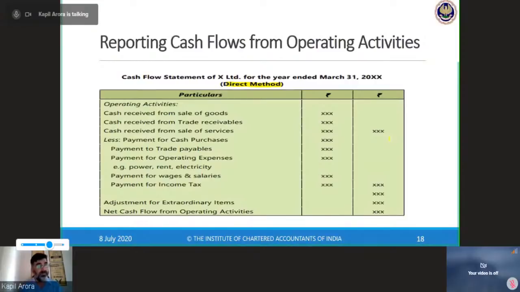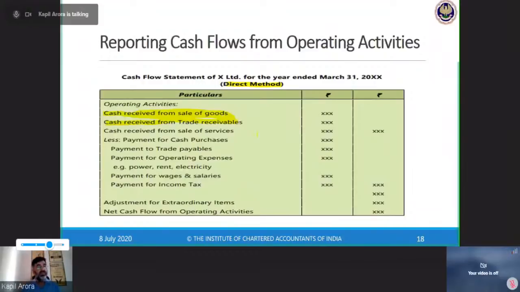We directly take the cash we have received from sales. What is the cash sales we have in a year? How much cash have we received from trade receivables?